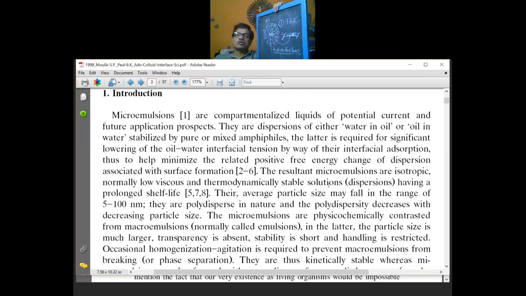Anyway, coming back to the business, the core of the micelle is capable of accommodating some oil or non-polar components, some hydrophobic components. If I put some oil molecules over here, they cannot come into direct contact with water, because there is a protecting monolayer of surfactant.